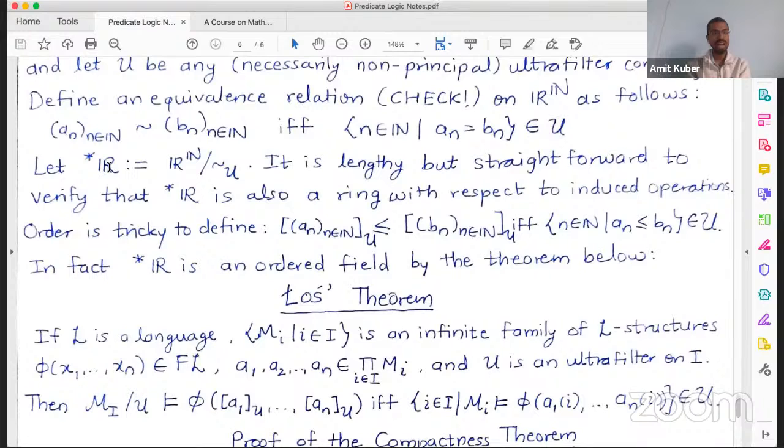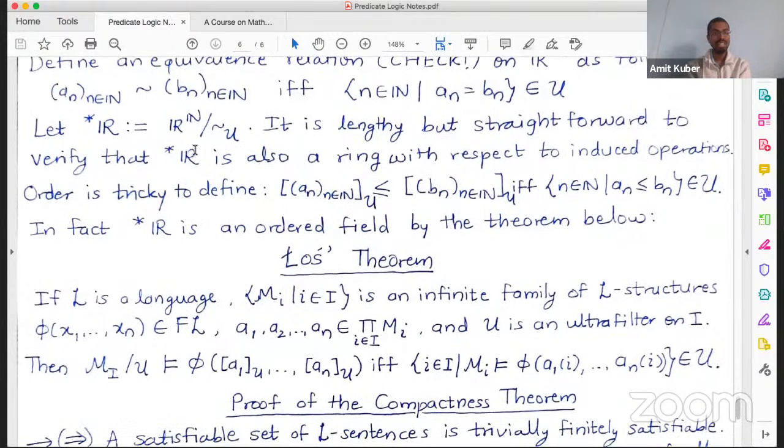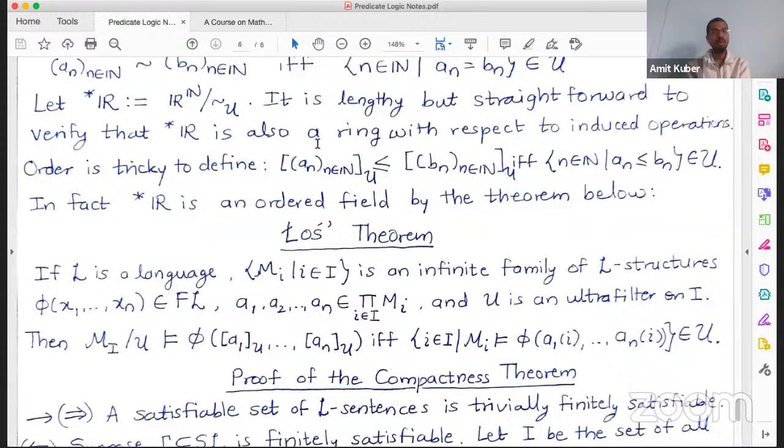You consider star R, the hyperreals, to be the collection of equivalence classes of sequences of real numbers modulo this equivalence relation, and you can verify that star R is also a ring with respect to the induced operations. You have to use all the properties of filters. Moreover, it also has order.